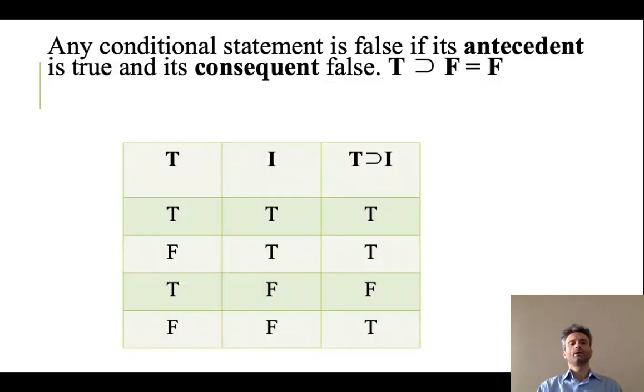Now, any conditional statement, we have to talk about this for a moment. Any conditional statement is false only in the event that the antecedent is true and the consequent is false.